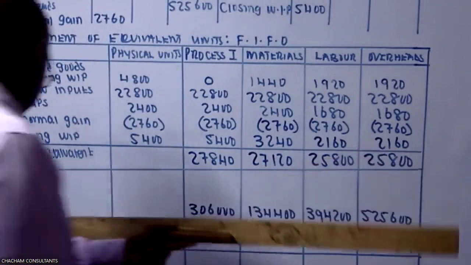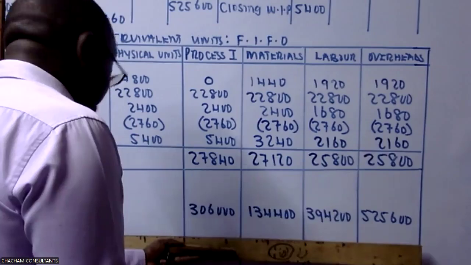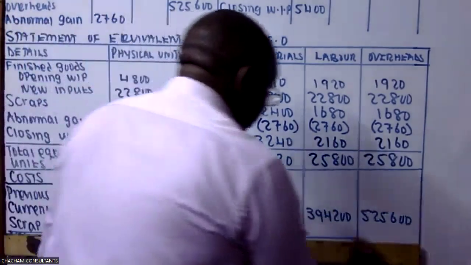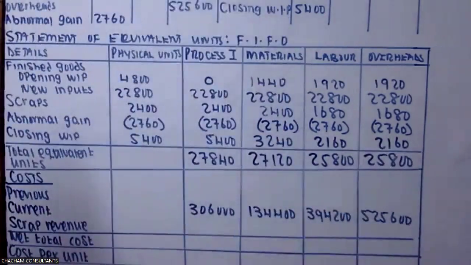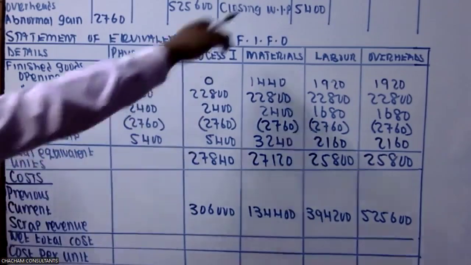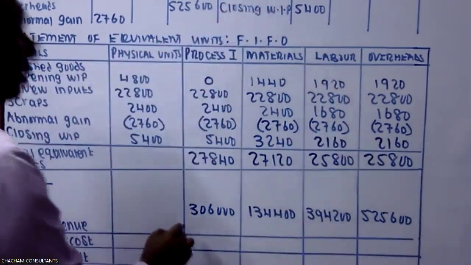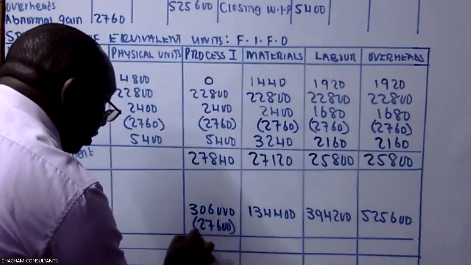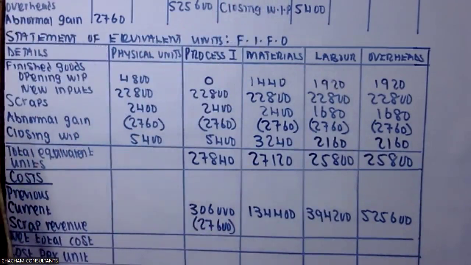Then, hii nimeiwekea line yake, because it will be subtracted. Sasa, kama kuna revenue huwa inatolewa hapa. Ile 27,600. Unaitoa hapo.